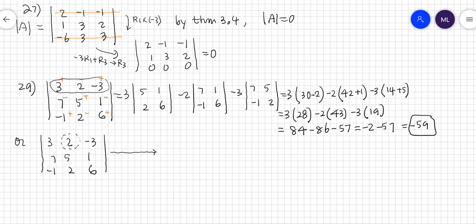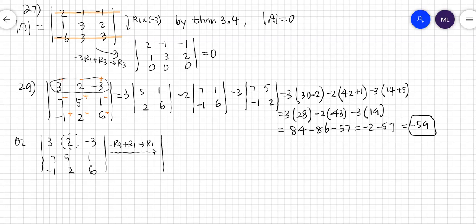To make this 0, I multiply negative R3 plus R1, replace R1, okay?